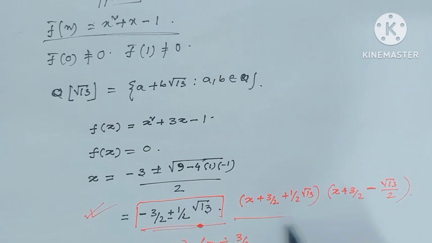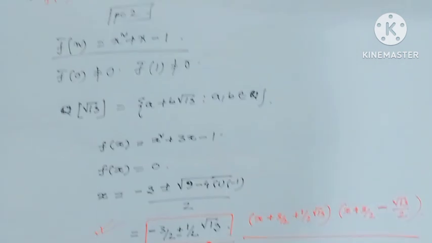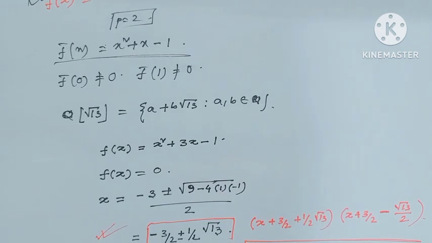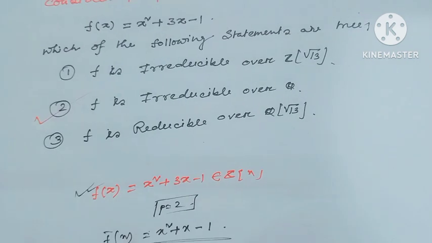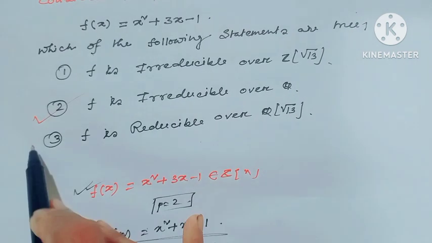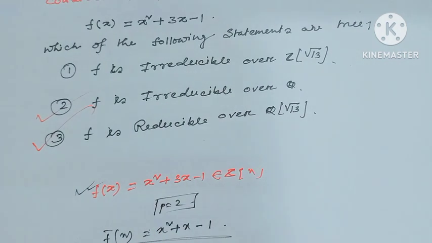The roots are of such type, and this belongs to Q[square root of 13]. So obviously the third option is a right option: f is reducible over Q[square root of 13].